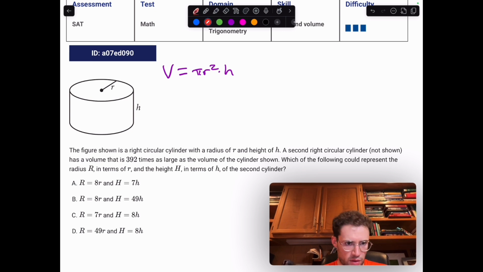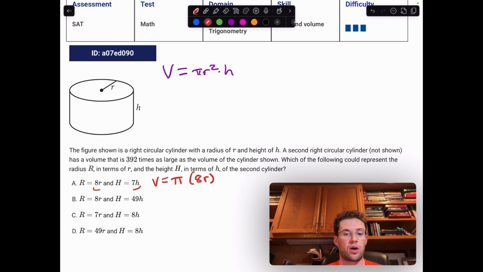Now, if the volume is going to be multiplied by 392, then that would mean when you plug in these different values for the radius and the height, it should give you basically the same thing, pi r squared h, but with a 392 up front. So I'm just going to plug them all in, or plug them in until one of them works. So this first one, the volume would be equal to pi times our new radius is 8r.